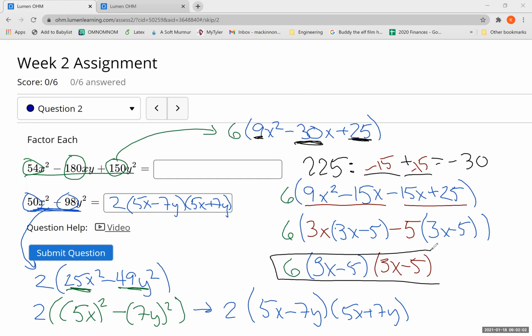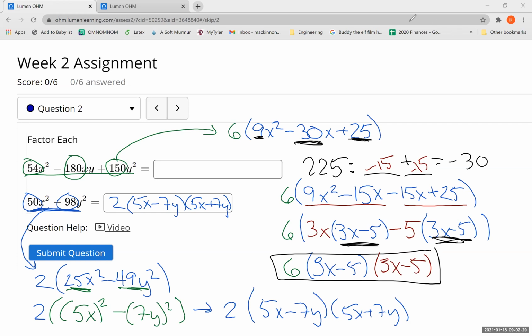There you go. Now I have to do that final step because the blue factors here were the same. Since I've got 3x minus 5 and 3x minus 5 as the attached binomials, those are the same. That gives me creative license, and more than just creative license, objective reality. I can break those into their own factor, and the terms attached on the outside of those go into their own factor.